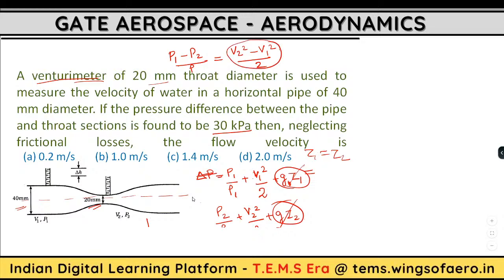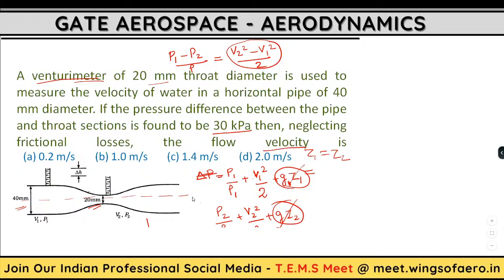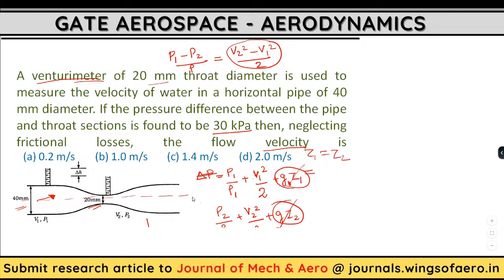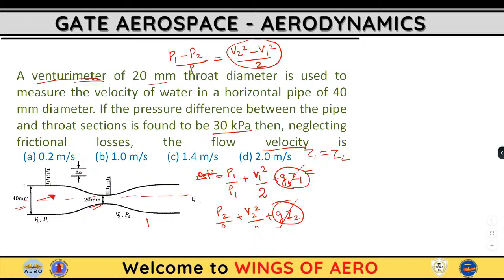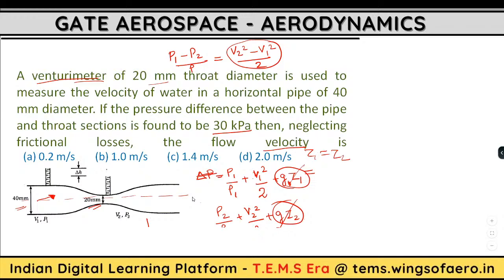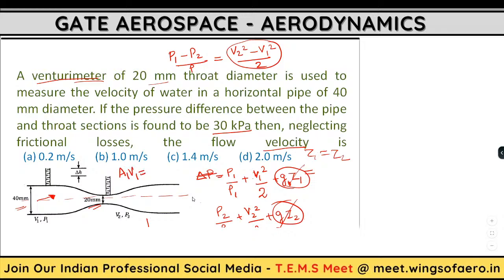Now how to find out V2 square minus V1 square? What they asked to find is the velocity of the flow. How can you relate them? They have given the diameter. Can I use the continuity equation? What formula will I use here? It is A1 V1 equals A2 V2.